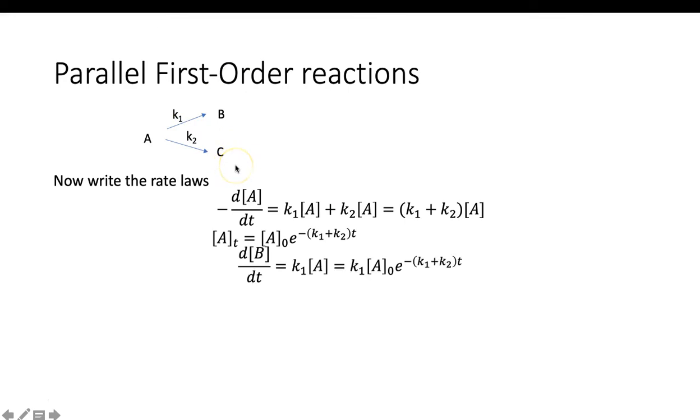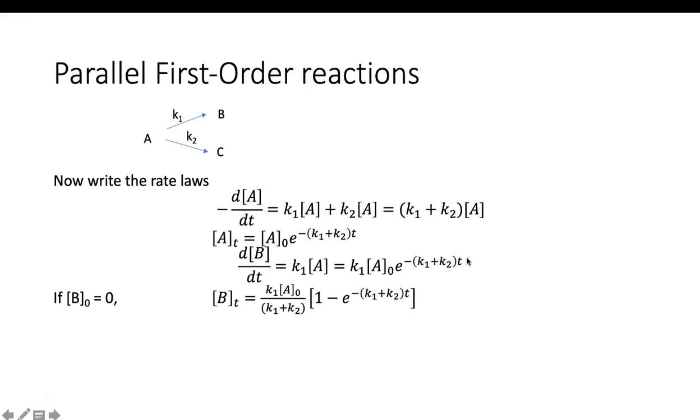converting to products. Okay, so now what may be more interesting is to look at the appearance of products. Let's do B first. So it's K1A. Now we have A at any time t, so we substitute that in.